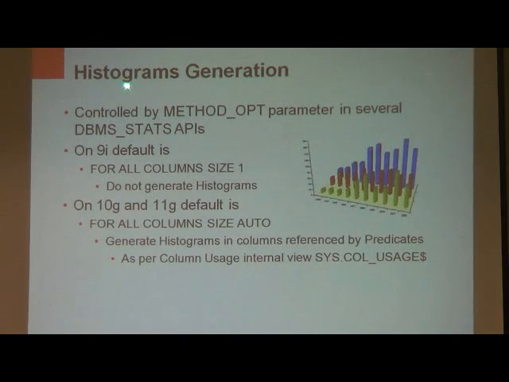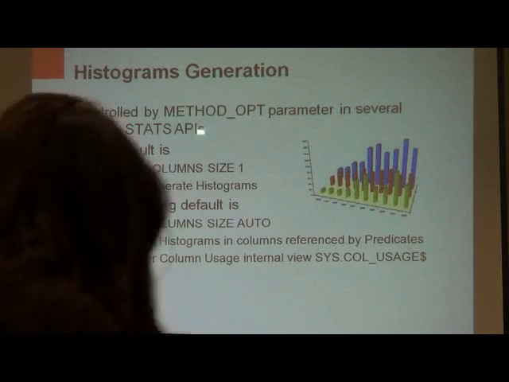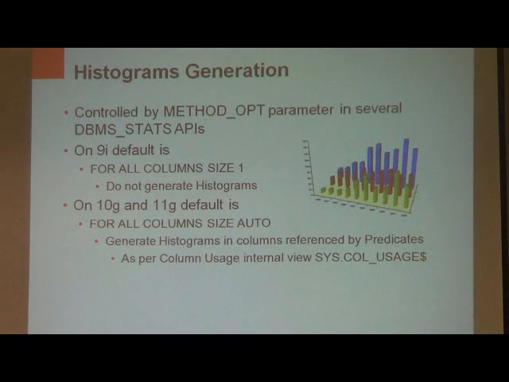Let's talk about histograms now, or generation of the histograms. Keep in mind, histograms are controlled by this parameter. When we say method option on DBMS_STATS, on those APIs, this is where we specify how we want our histograms. On 9i, the default is no histograms. So that means if you still have applications on 9i, who has applications running on 9i?